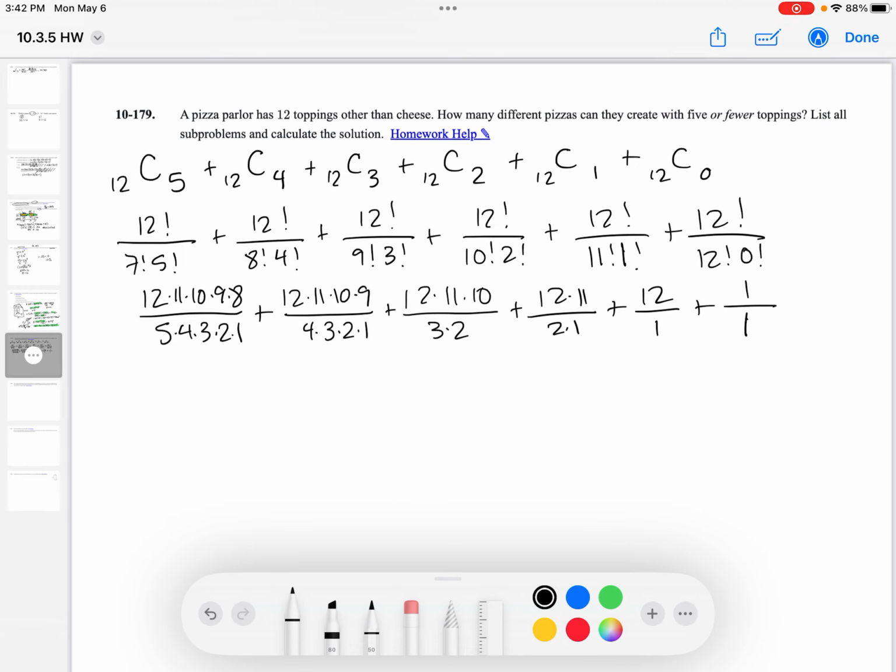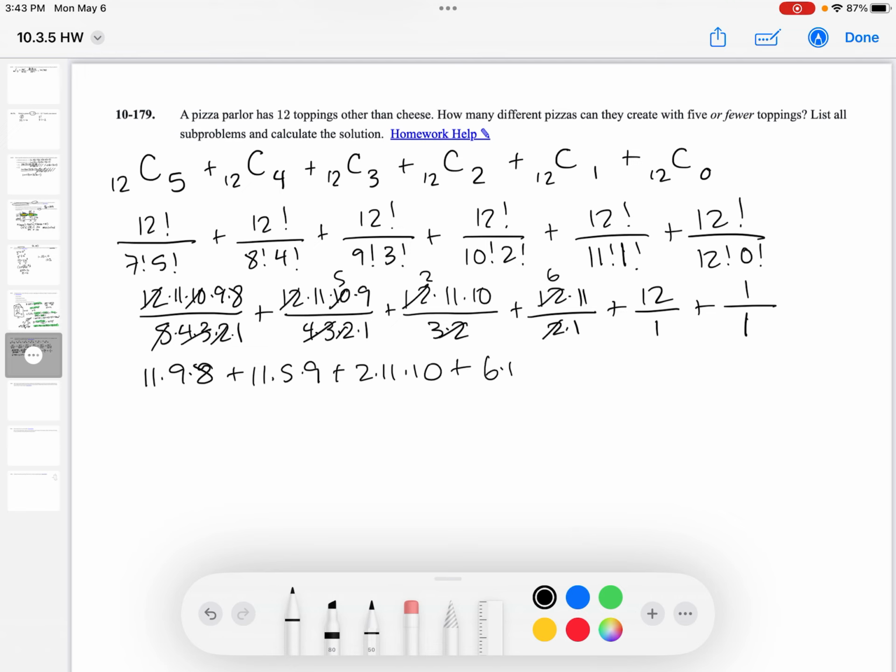Okay, so let's try to cancel some of these things. Let's see, 4 times 3 is 12. 5 times 2 is 10. So here I have 11 times 9 times 8. 4 times 3 is 12. I could cancel that with a 5, so I have 11 times 5 times 9. 3 times 2 is 6, which leaves me with a 2. So I have 2 times 11 times 10. This goes into that, I get 6.